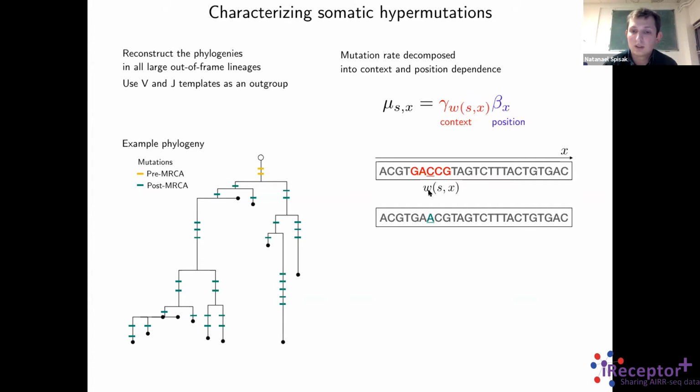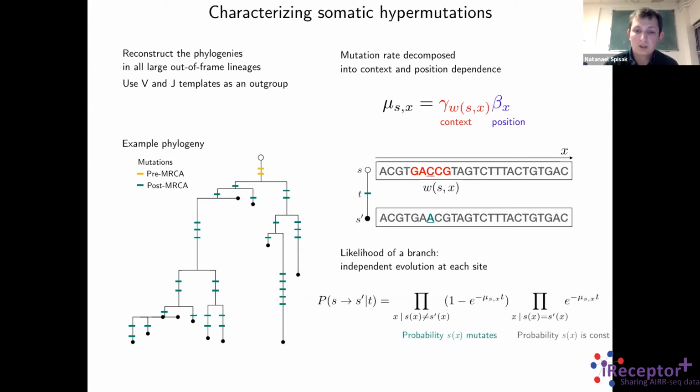I denote the context with W. But then on top of this, independently, we add position mutability that can account for other factors and simply depends on the absolute position of a base pair in the gene. And since we have reconstructed the lineages and also phylogenies, our data is ultimately a collection of independent branches.